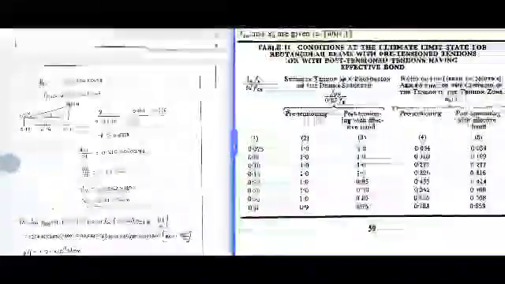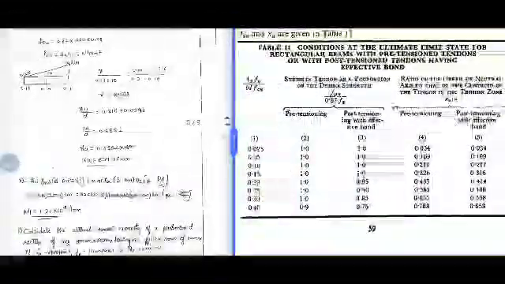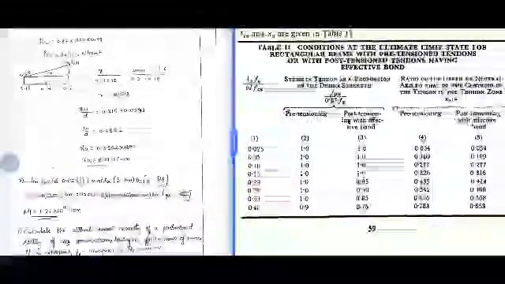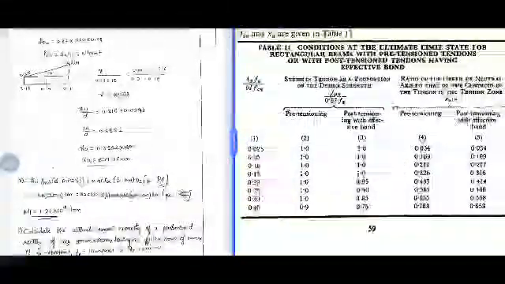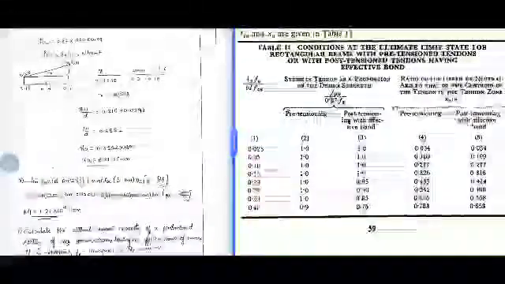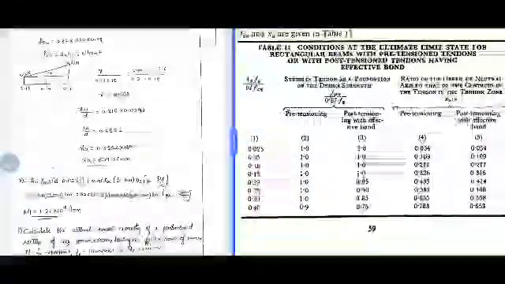Then by considering the moment equation, FPU APW into D minus 0.42 XU plus 0.45 FCK into B minus BW into D minus DF by 2. On substituting all the values, we will get 1.21 into 10 power 10 Newton mm, or you can write it in kilonewton meter also.